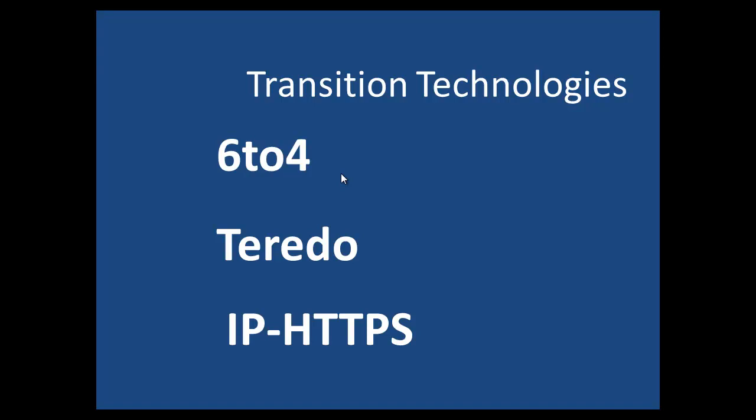When we use the IP-HTTPS transition protocol, the DirectAccess client will tunnel or encapsulate the IP version 6 traffic within HTTPS traffic. And there's no problem here because all routers allow outbound HTTPS traffic. So this option is almost always possible.